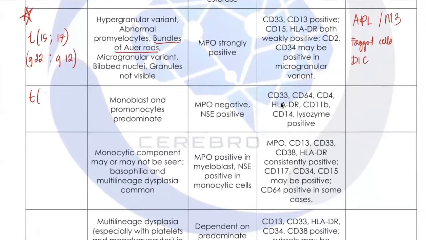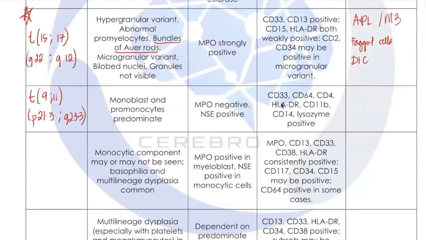Okay? Next, we have the T9;11. Ay, sorry. T9;11 rather. Okay, yung T9;22 pala para sa CML pa yan. Now, the T9;11, specifically the loci involved is in the short arm, P21.3 to Q23.3. Okay?